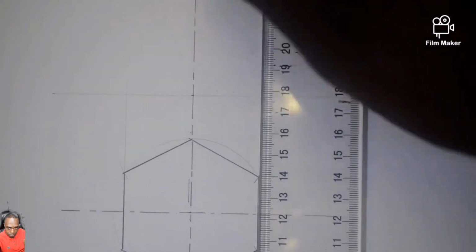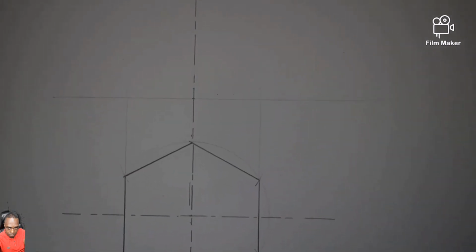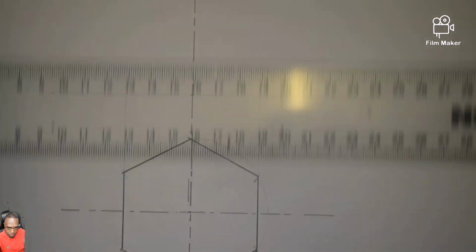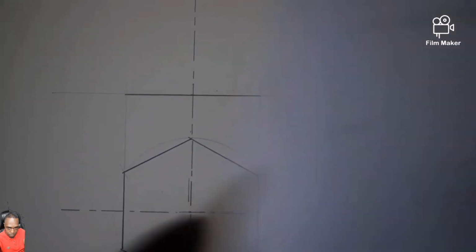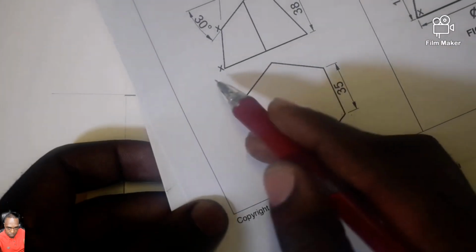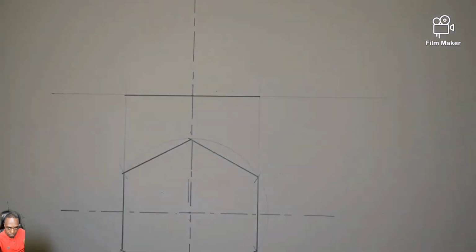Then take this one up and take this one up. Now we are approaching drawing the front view. If I draw this line solid dark from here to there, I can now say this is this one. So now I can go vertical up with 38 millimeter.